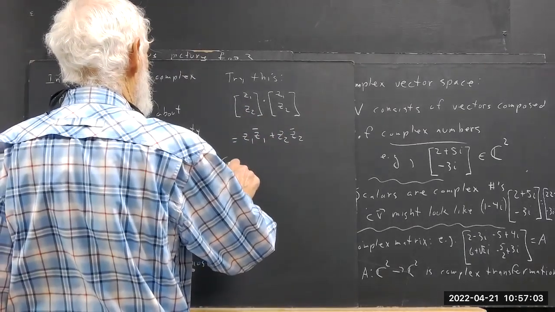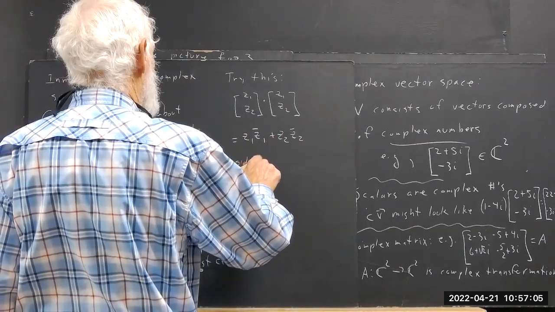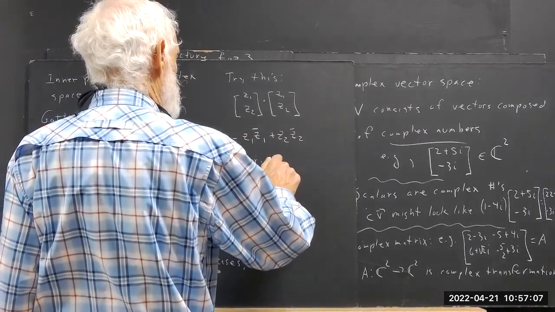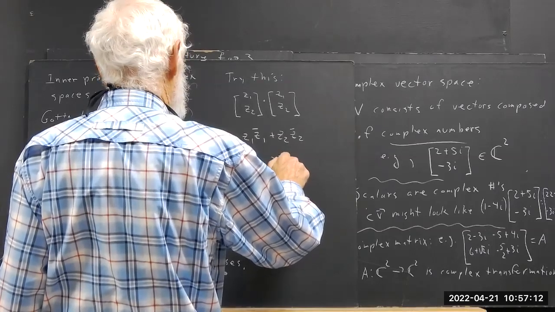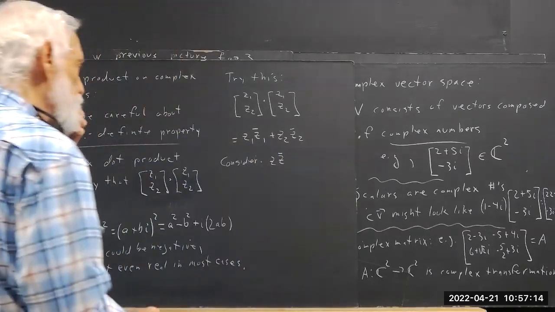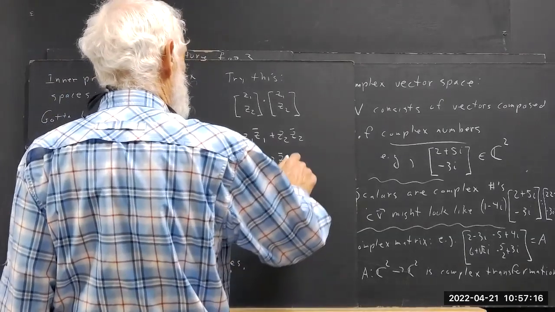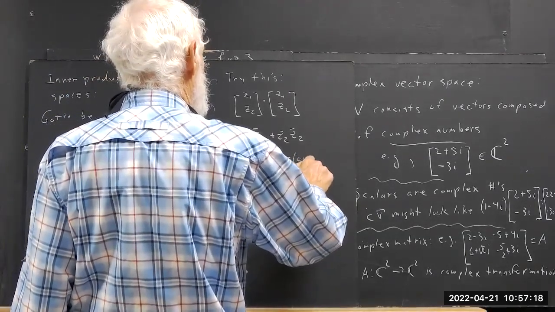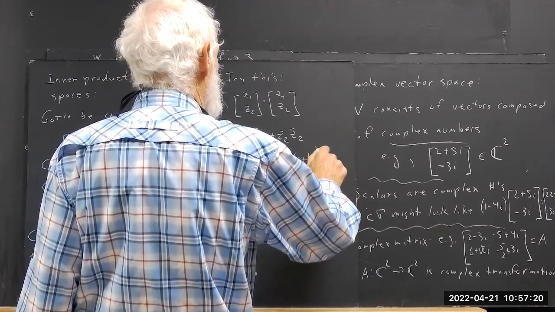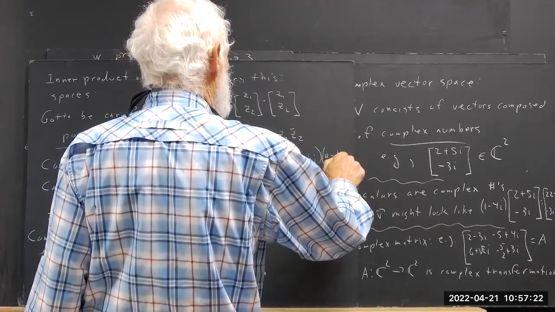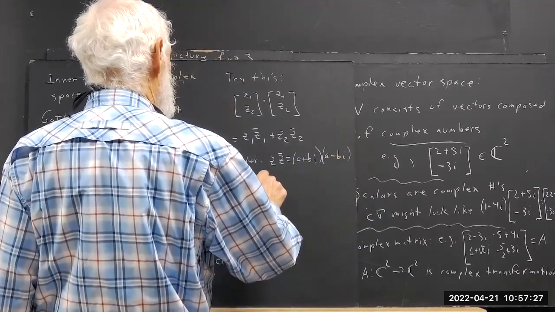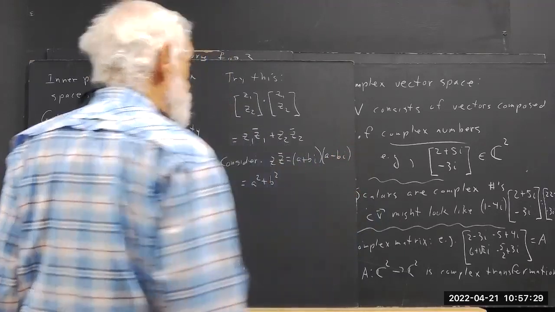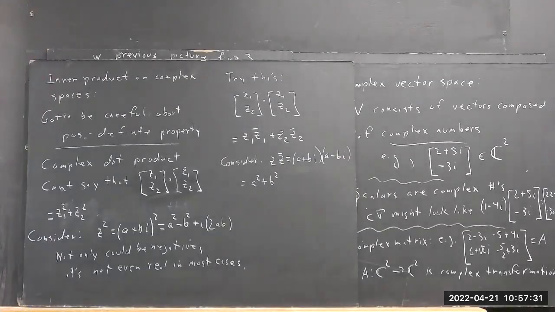Now consider z z bar, which would then equal a plus bi times a minus bi, which is a squared plus b squared.